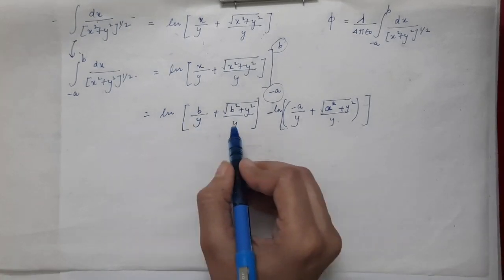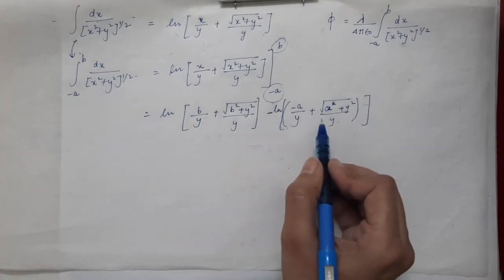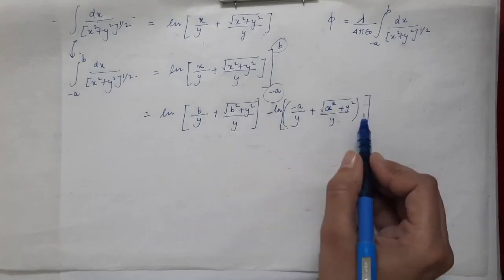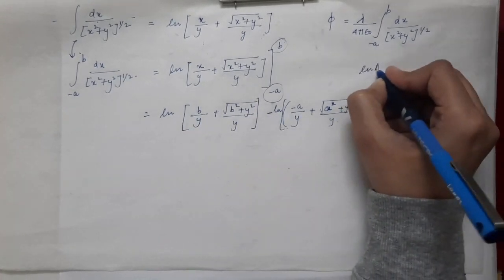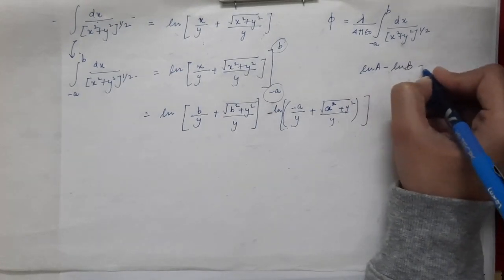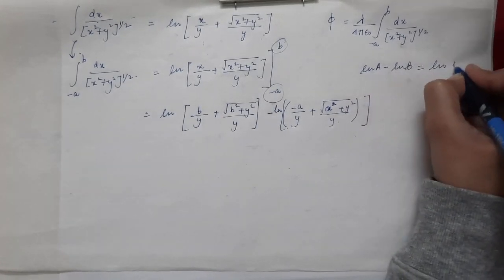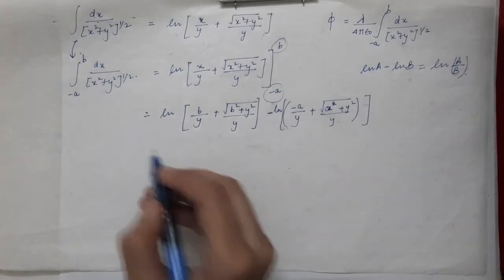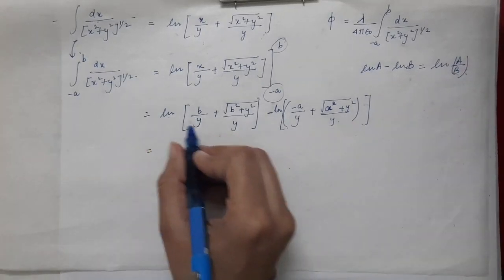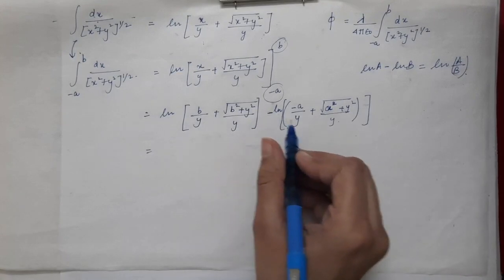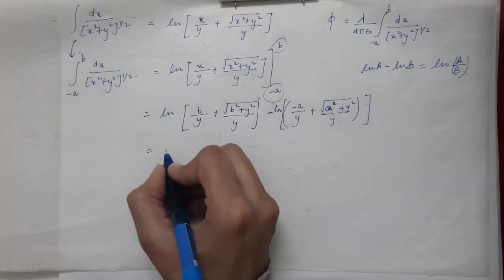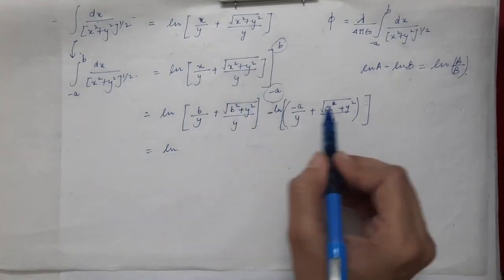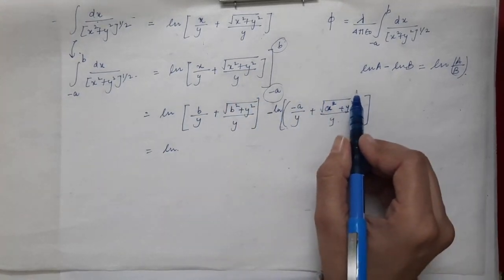You know log of a minus log of b can be written as log of a divided by b. The same principle we will use over here. So we have natural log of this expression minus natural log of this other expression, and it can be written as natural log of this expression divided by this whole expression.